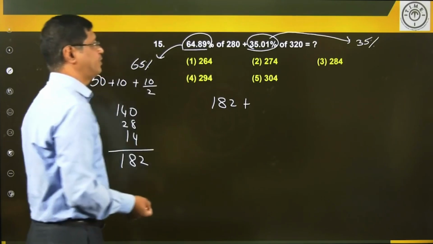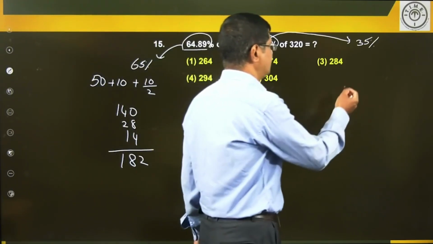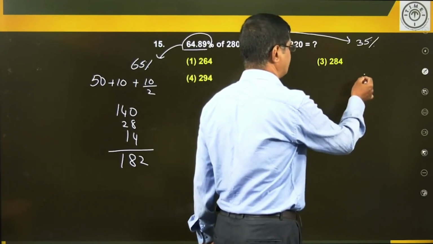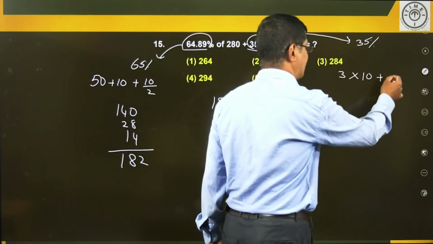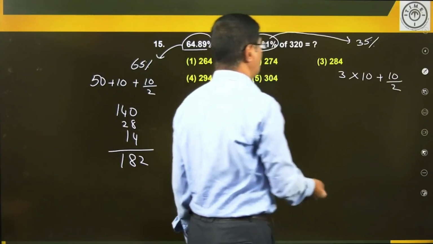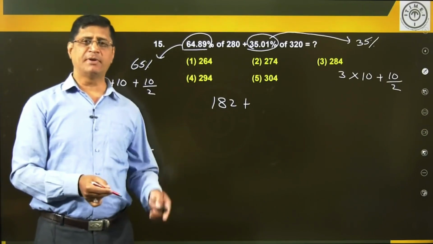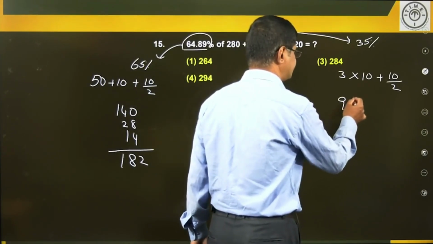What about the second part? 35% of 320. You can take it as 10% times 3 plus half of the 10%. How much is the value of 10%? 100% is 320. 10% means 32. 3 times of 32, that is 96.